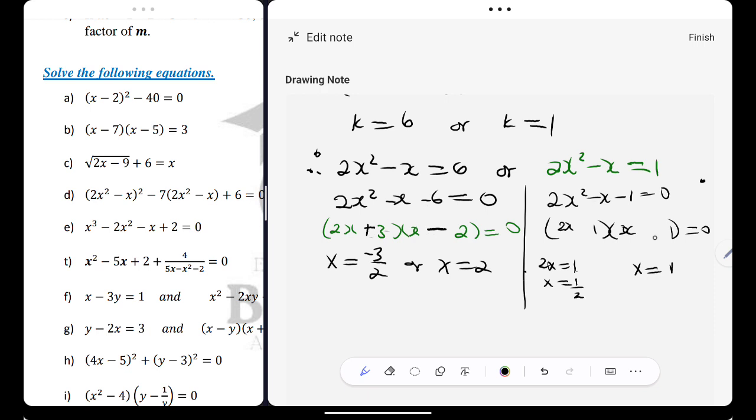So the sign of the middle term will come here, and then I'll have the opposite sign in the other. So x is equal to negative a half, or x is 1. So all of these are my solutions.